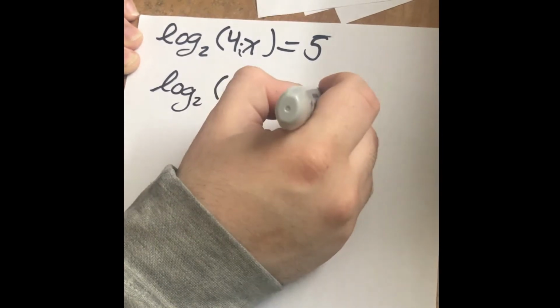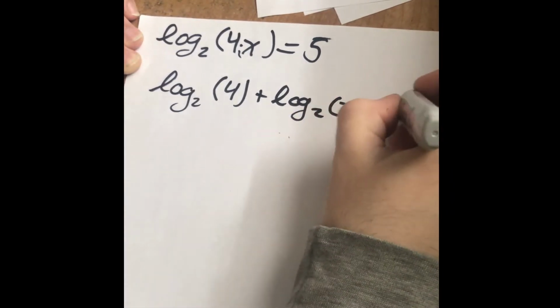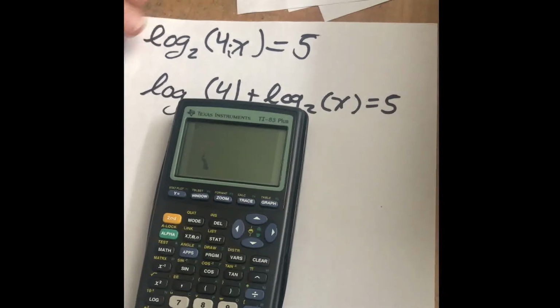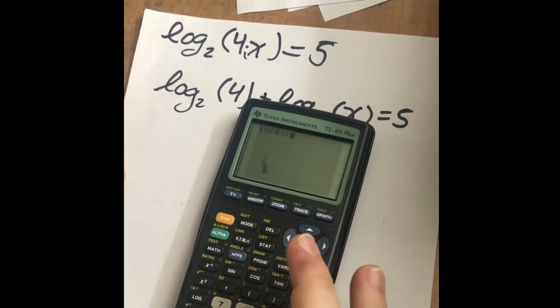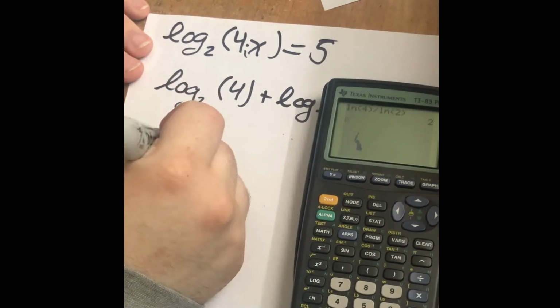That becomes a plus of log base 2 of x is equal to 5. You might be able to do this in your head, but just to get some practice of the change of base theorem, we can go the natural log of 4 divided by the natural log of 2 is going to give us 2. So we can say that this value is 2.